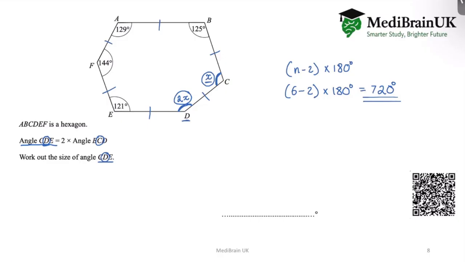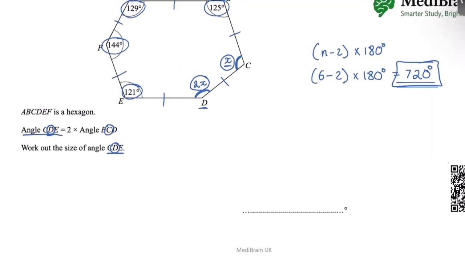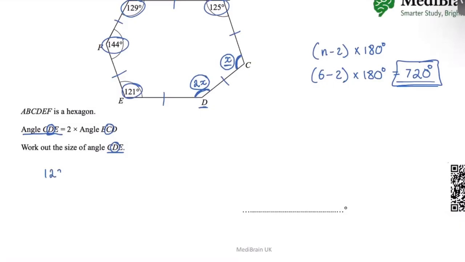Okay, so that means that 129, add 125, add 144, add 121, add 2x, add x, all of that must be equal to 720 degrees.